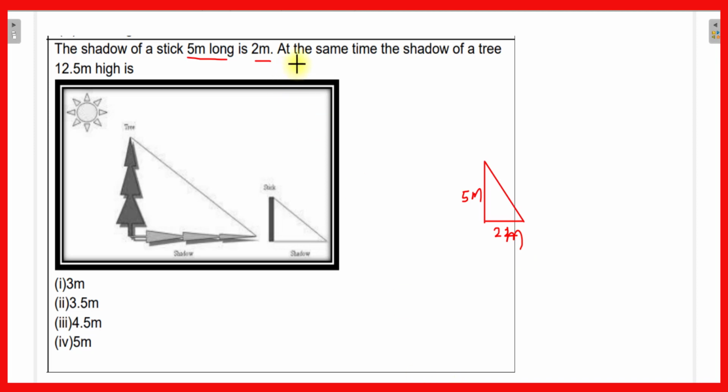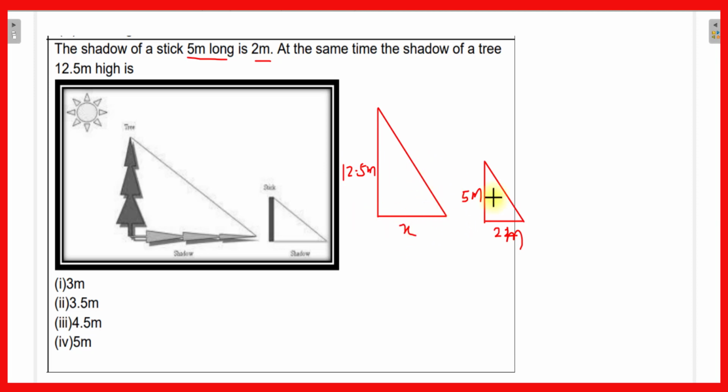It is also given that at the same time, the tree has a height of 12.5 meter, and the shadow length of the tree is what we have to find.